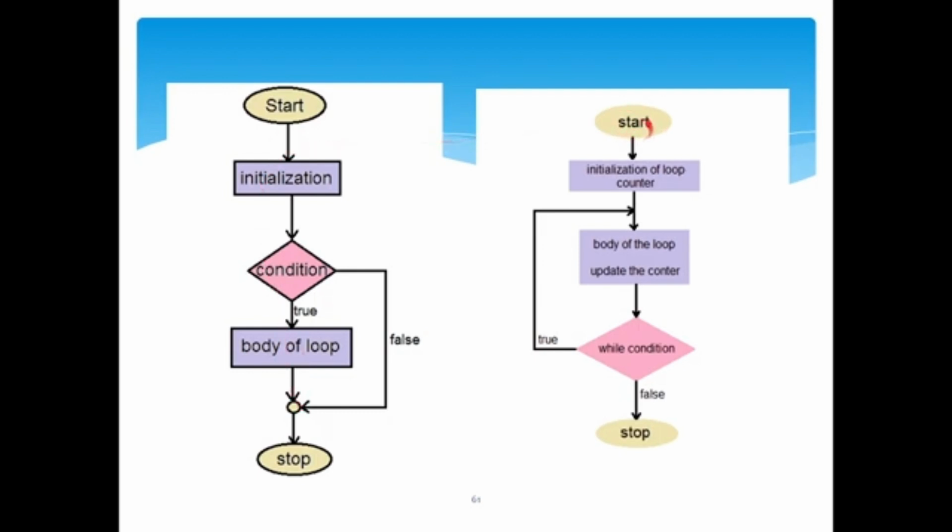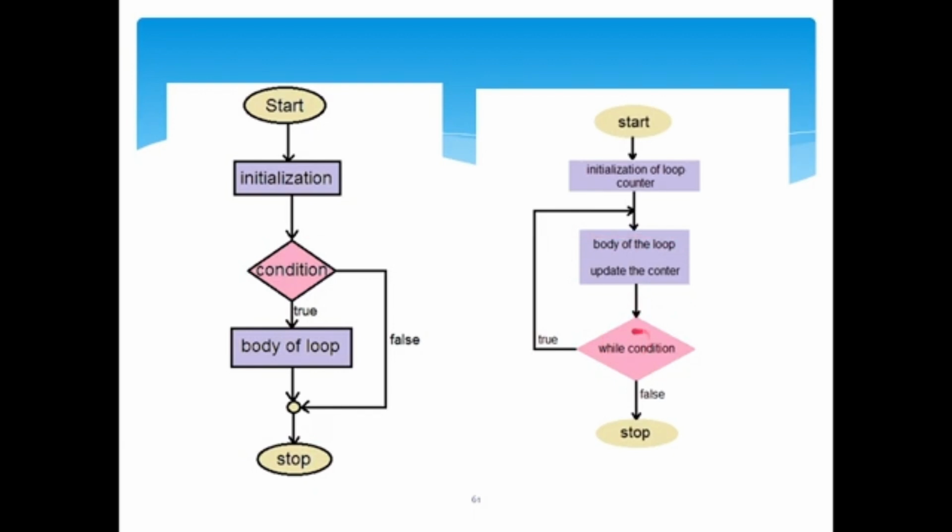And you can check for this. This is an iterative approach. This is about conditional statements. In the iterative approach: start, initialization of the loop counter, and after that the body of the loop, and whatever the updates are, we give those in a rectangle too, and after that the while condition.